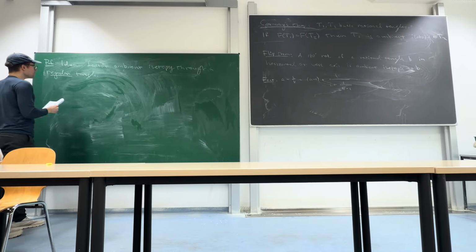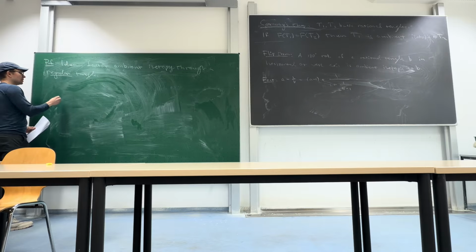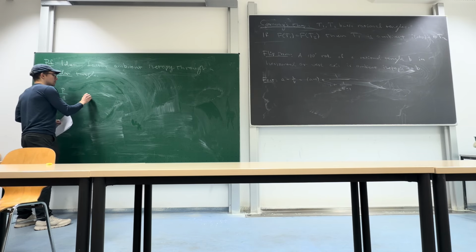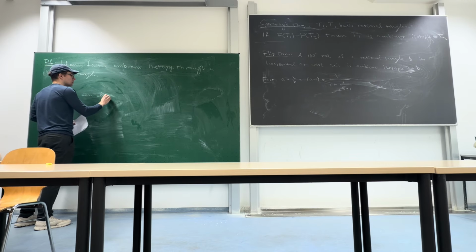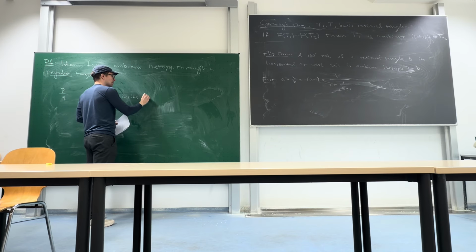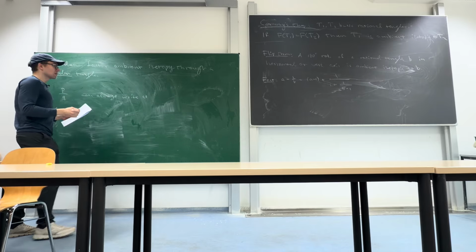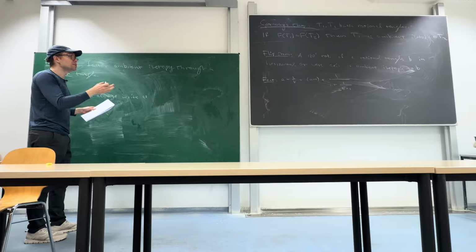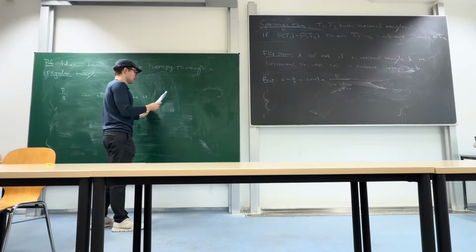Well, let's say we have a continued fraction which evaluates to p over q. Then the point is that we can always write this as a continued fraction where only the first integer part is possibly negative.